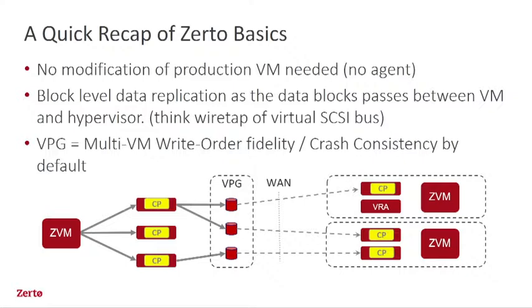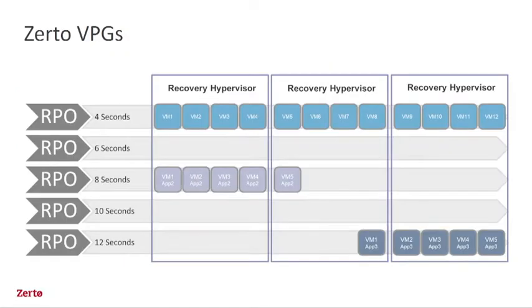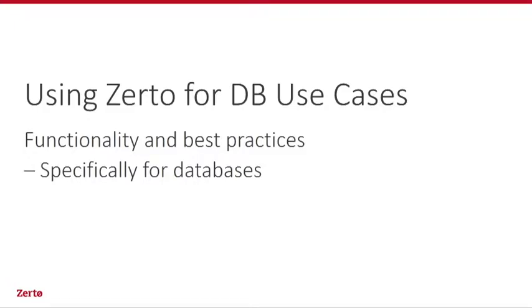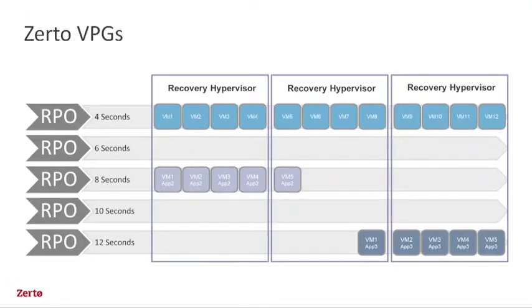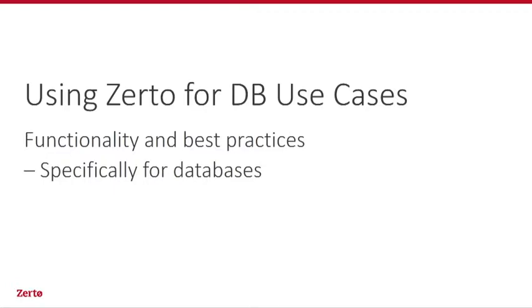Normally 99% of the time they couldn't, and it was because of the VPGs. The reason it usually works is because it's like pulling the plug on your entire data center at the same time. If SQL couldn't recover from a power loss, none of you would probably use it. And Zerto looks a lot like a power loss for an entire data center if you recover a VPG. I'm sure you've all seen that slide too.